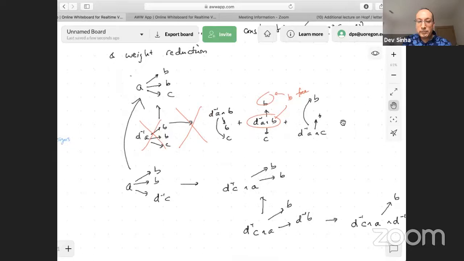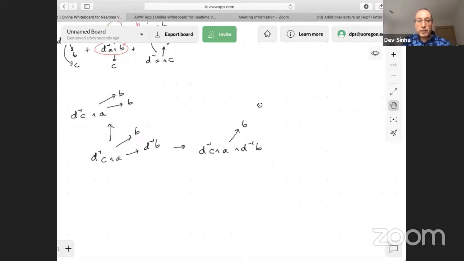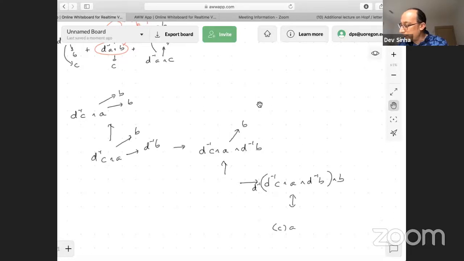Ultimately, let me catch up with writing over here. Ultimately, I'm going to get something like D inverse C wedge A wedge D inverse B. I'll take D inverse of that, wedge B. And this, again, corresponds to a much simpler symbol there. So my original graph, one way I could reduce it, and my graph had what? An A, two B's, and a C.